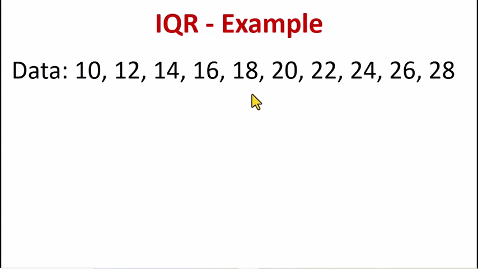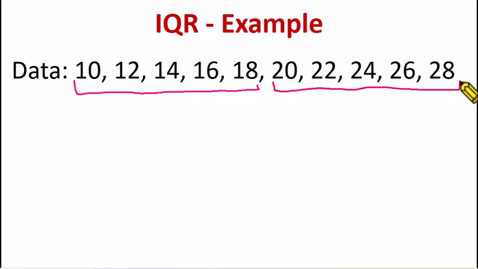We have this data set. It's already in order from least to greatest. And we have a total of 10 numbers in this set of data. The first 5 numbers make up the lower half of the data, and the other 5 numbers make up the upper half.